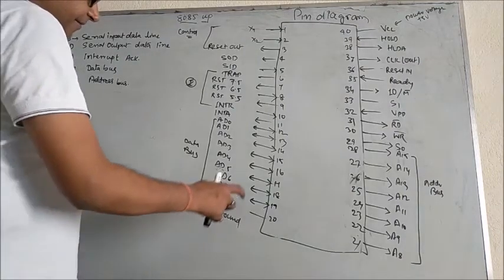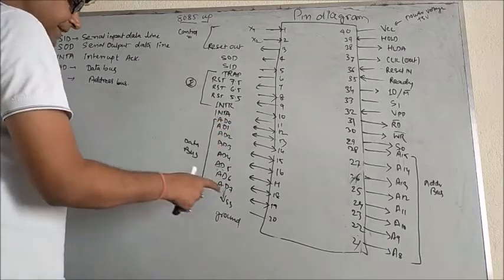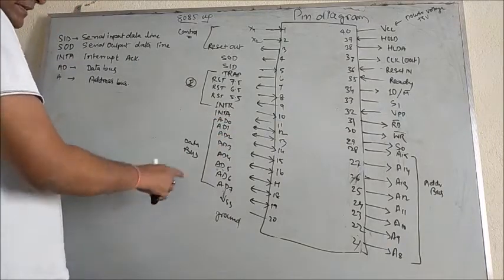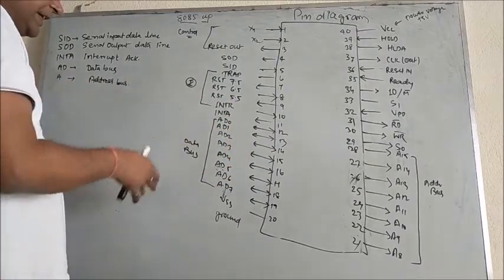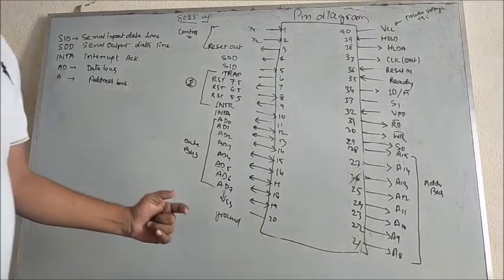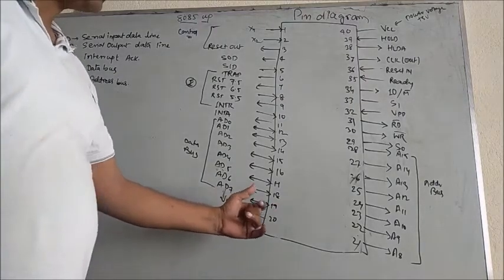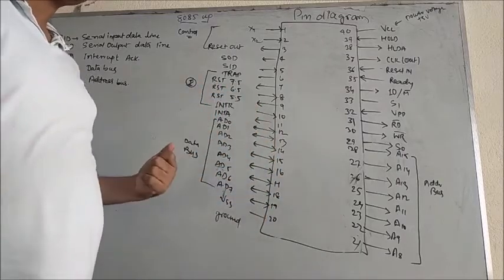Next, while you are working with the data bus, AD0 to AD7 are known as the 8 data bus lines. These 8 lines are specially made for the data bus, and they are bilateral. Bilateral means you can input something to this data bus, and from this data bus you can also take some output.